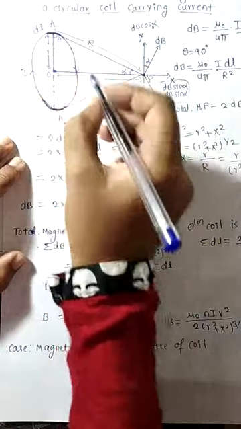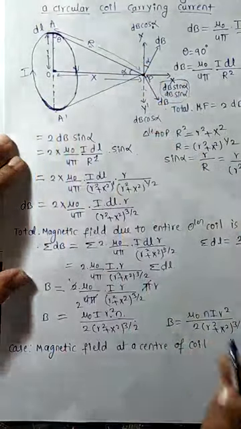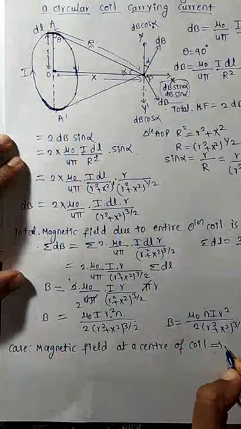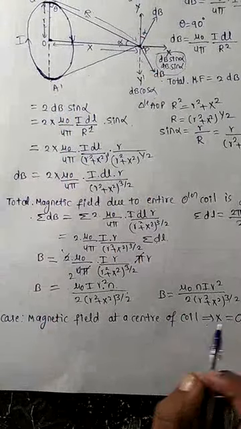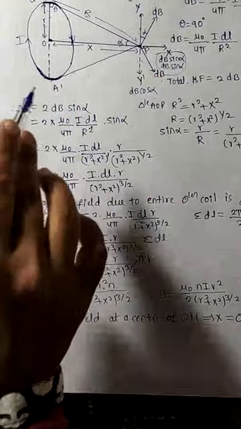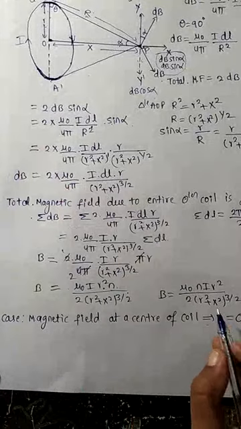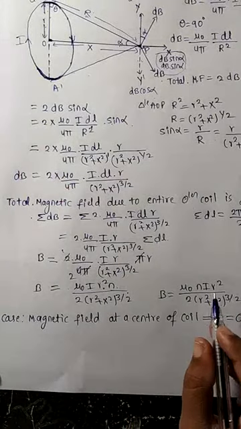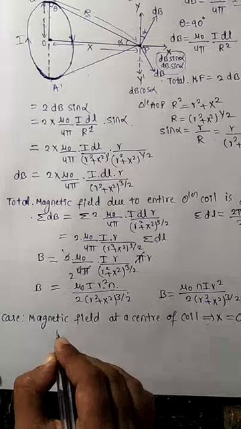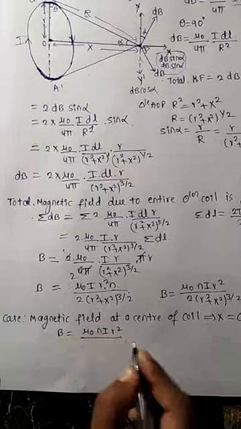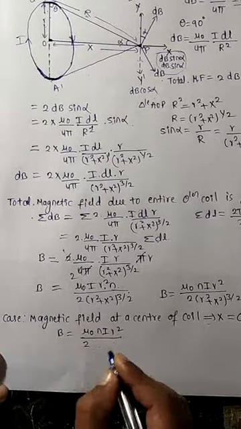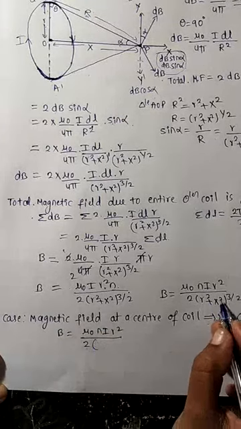So if it is shifted, x becomes 0. So x is equal to 0 for the magnetic field at the center of the coil. If x becomes 0, what would be this equation? Substituting, B is equal to mu naught N I r square divided by 2 r square plus x square raised to 3 by 2.